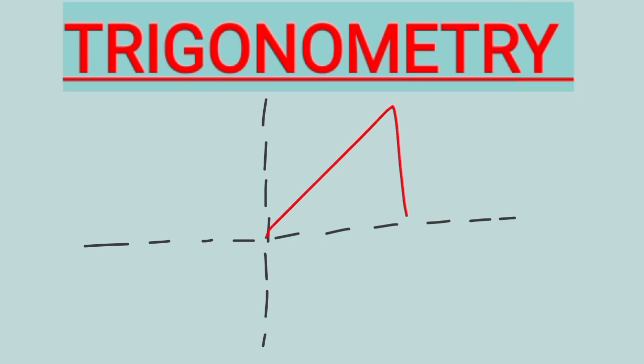So that is our right angle triangle. This is the y-axis and this is the x-axis. Before, that side we were calling adjacent. Now here it is going to be a little bit different.